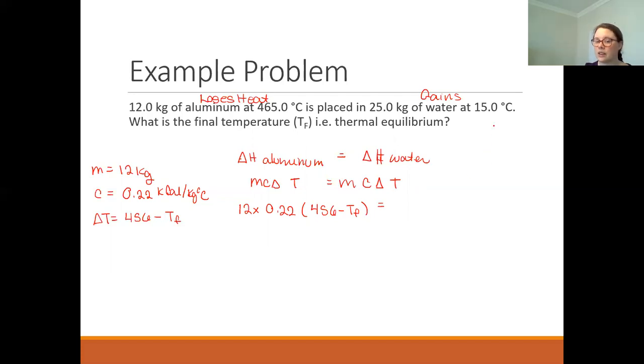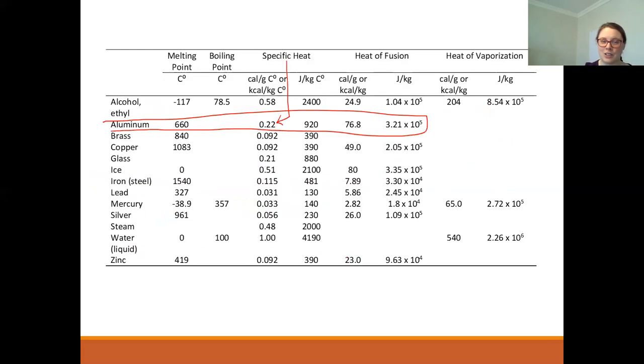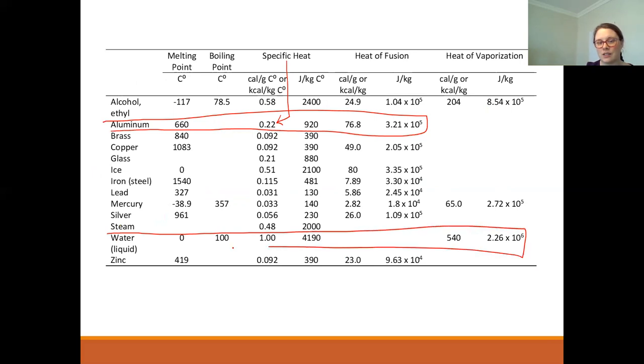equals. Now on this side, let's list our variables for the water. So the mass of water is 25 kg. C, let's go back and find out what it is. So the C for water, water's down here. And the C value for water, take everything from the same column, happens to be 1.